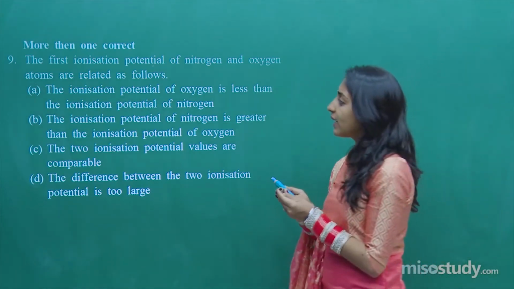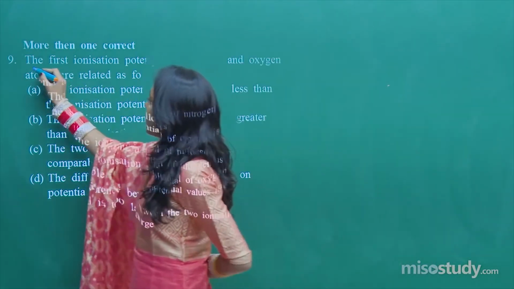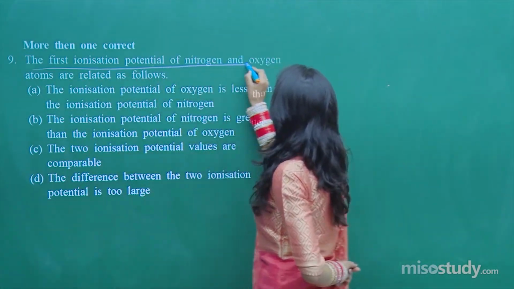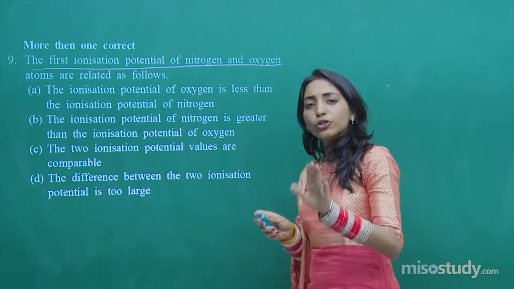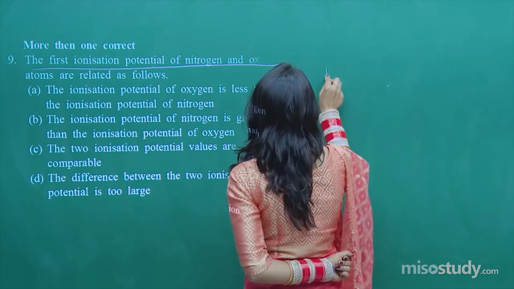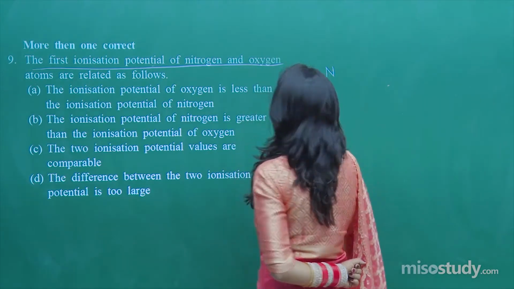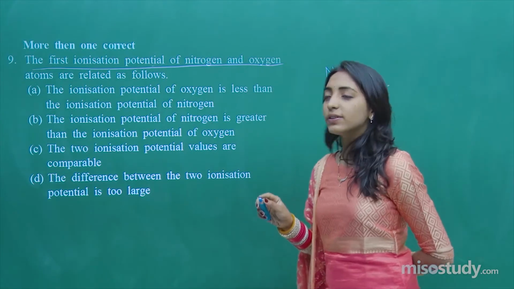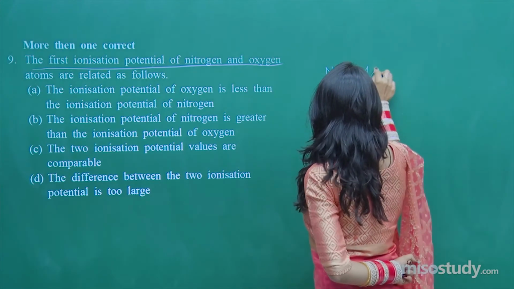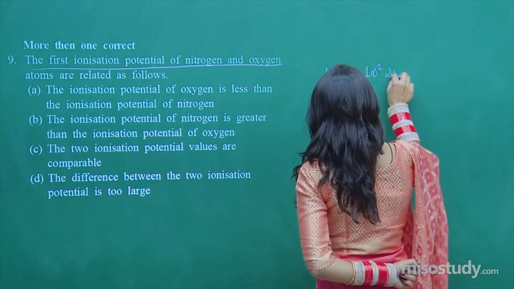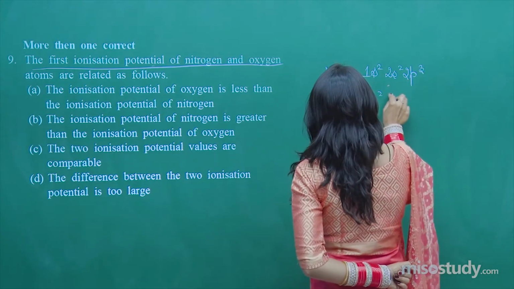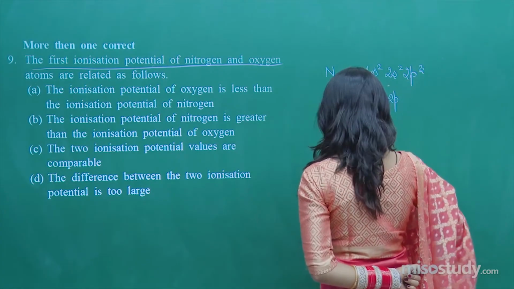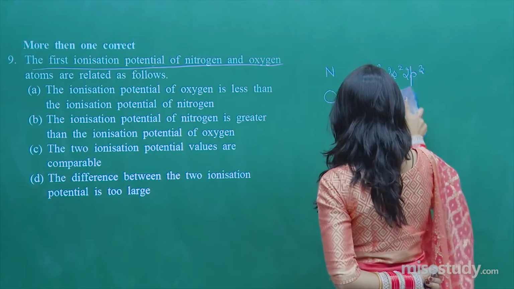The question says, the first ionization potentials of nitrogen and oxygen atoms are related. So you just have to talk about the ionization potential of nitrogen and oxygen. Let me first start by writing the electronic configuration. 1s2, 2s2, 2p3, and 1s2, 2s2, 2p4.